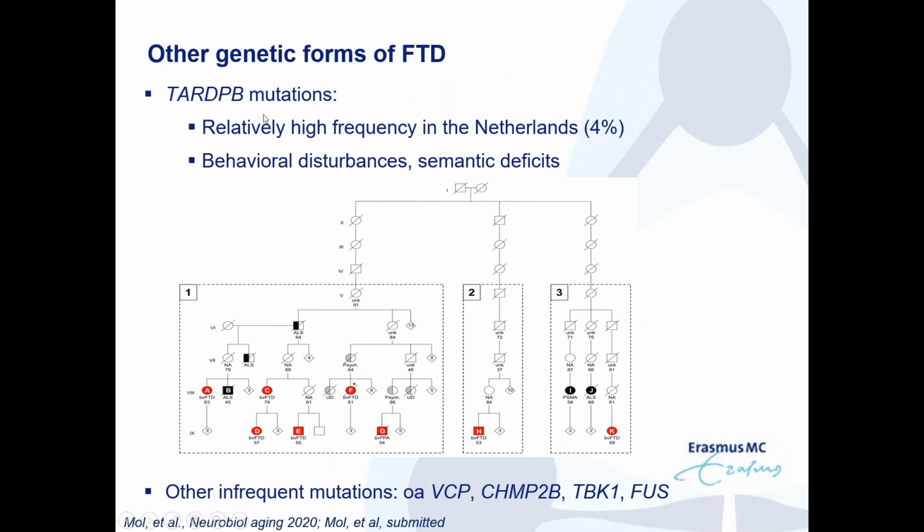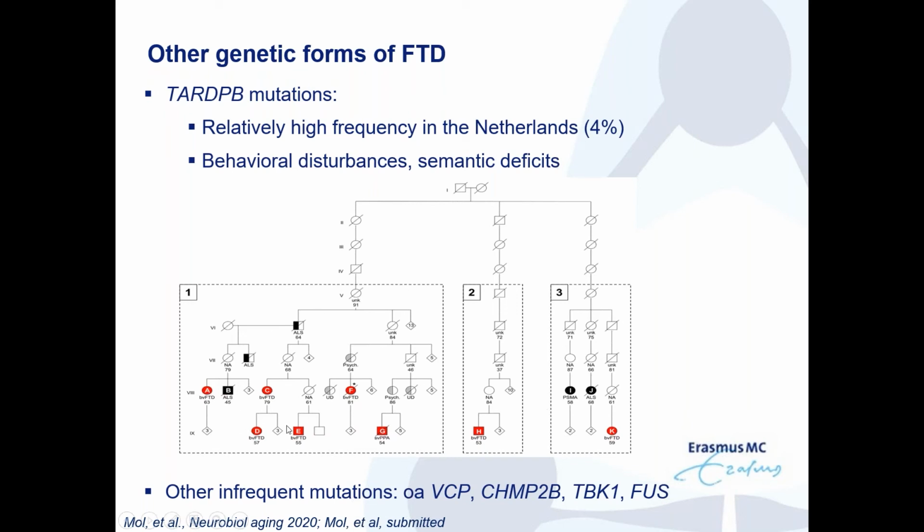As said, there are also some less frequent genetic defects that can cause FTD, some examples of which are here. For the Netherlands, especially the TARDBP mutations seem relevant because we recently found a relatively high frequency of these mutations in familial FTD in the Netherlands, which was higher than in other countries.